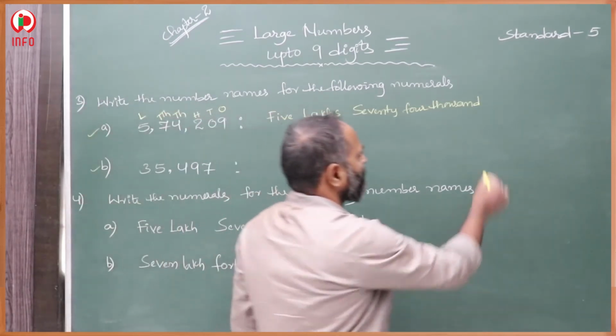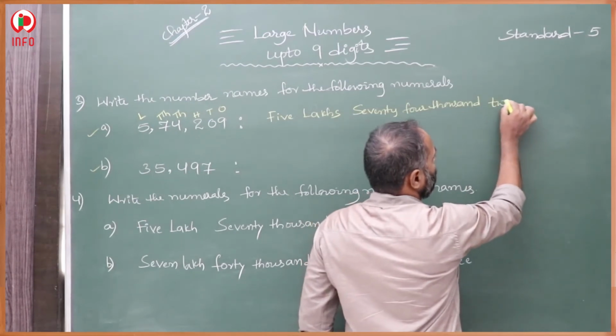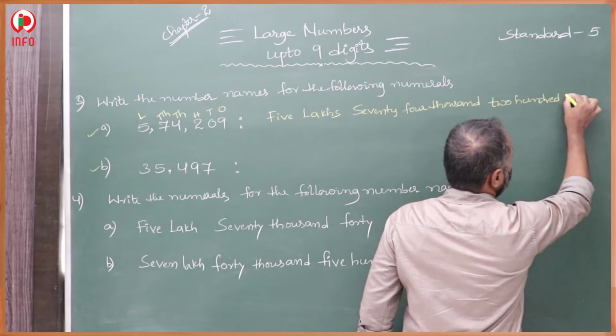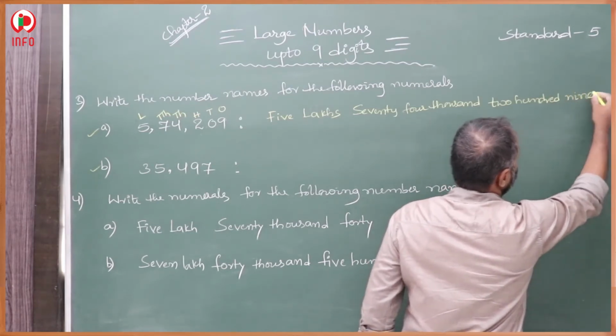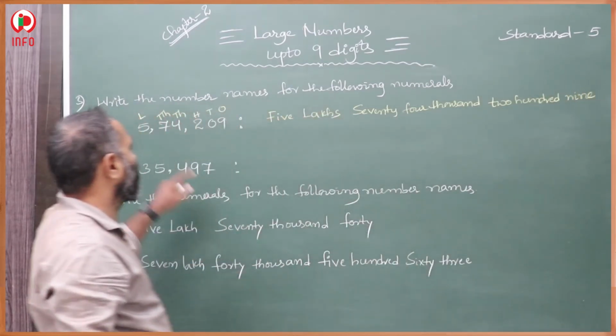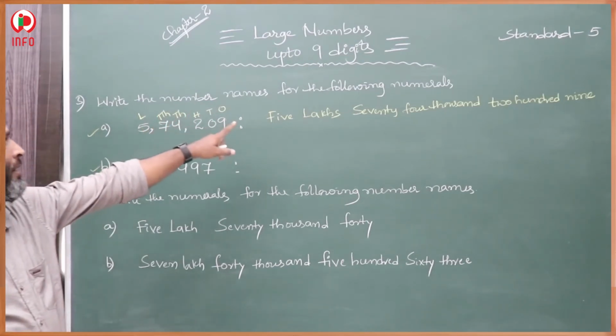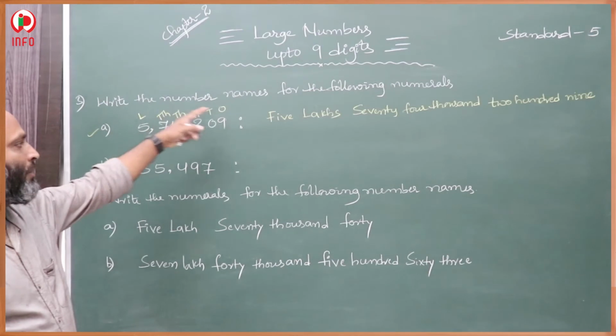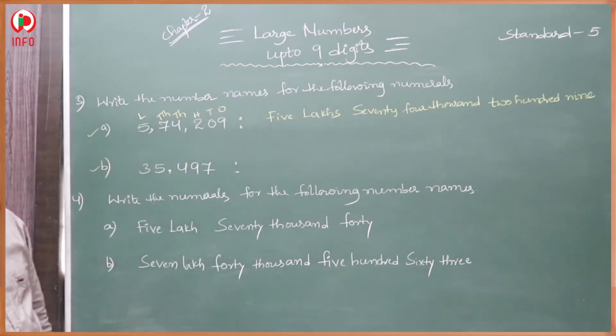So 209. This is the number name of the given numeral. This is the method to write a number name.